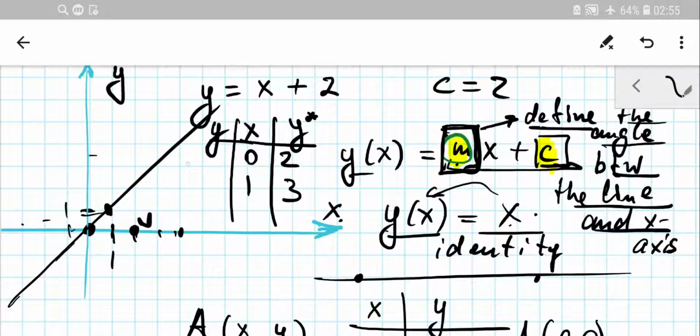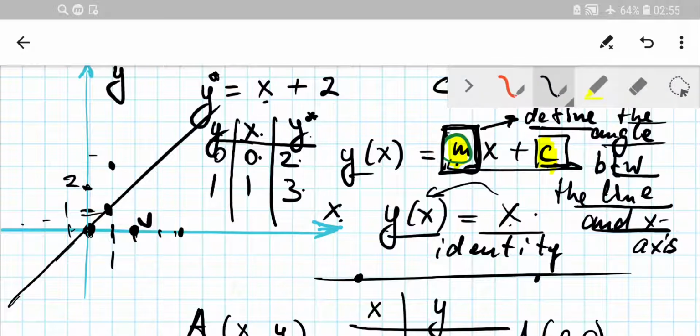That was the correspondence where x equals y, so that's why we had those values, right? But now we've got a new function y star that is just x plus 2, okay? And your values for y for the same x are different, right? So for 0 we have 2, and for 1 we have 3.